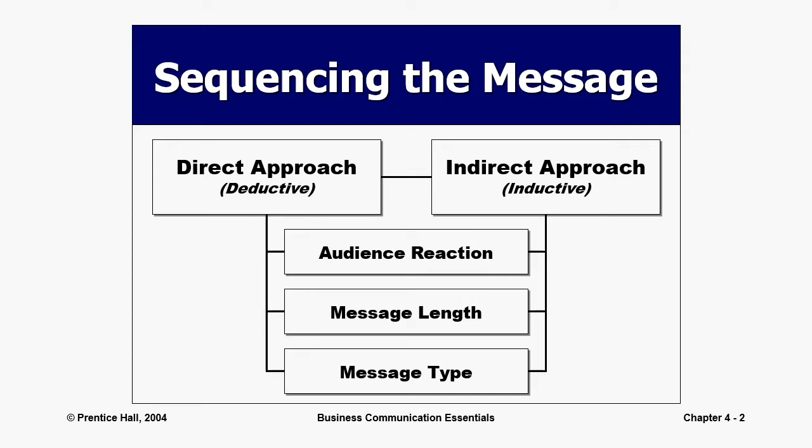Okay, so between these two there are three kinds of messages regarding the audience reaction. The audience can be happy, mad, or neutral. These are the three kinds of reaction we usually see. Then the message length, which is always very tricky.